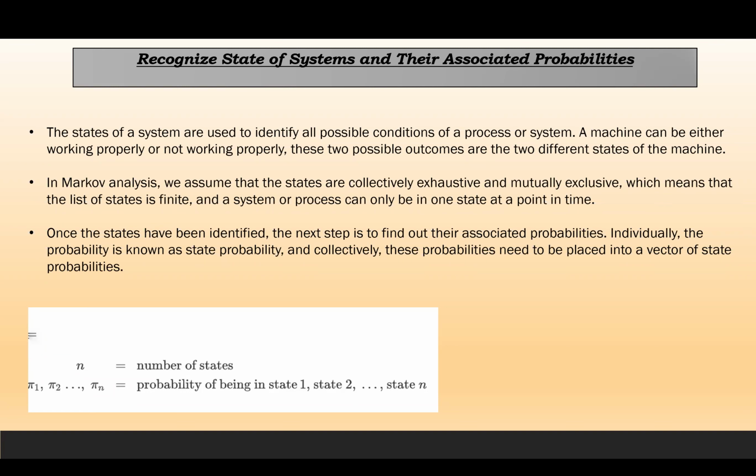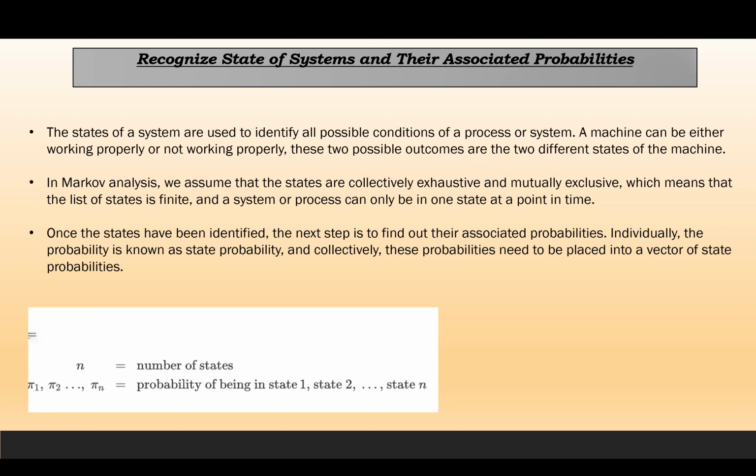A machine can be either working properly or not working properly, and these two possible outcomes are the two different states of the machine. In Markov analysis, we assume that the states are collectively exhaustive and mutually exclusive, which means that the list of states is finite, and a system or process can only be in one state at a given point in time.